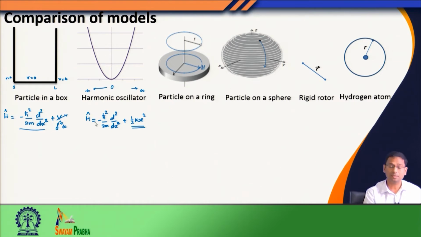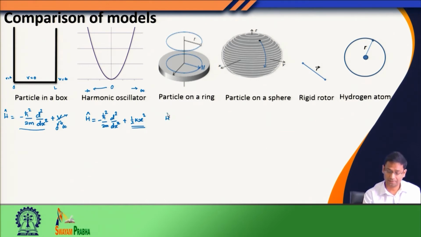Now, these two are the problems that we discussed in terms of linear coordinates along the x axis, or a one coordinate system. Now, we come to the angular motion, where the particle is going around a ring.